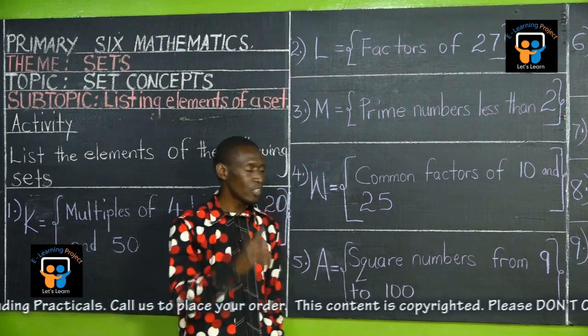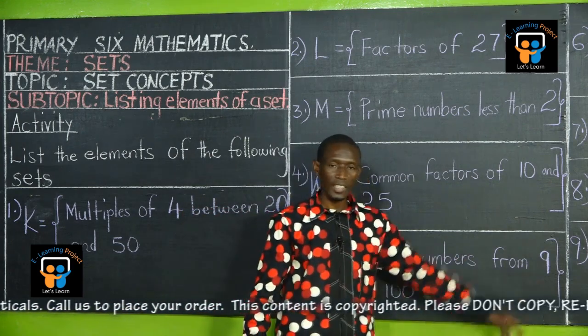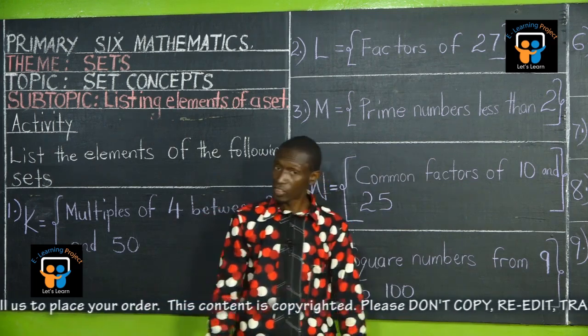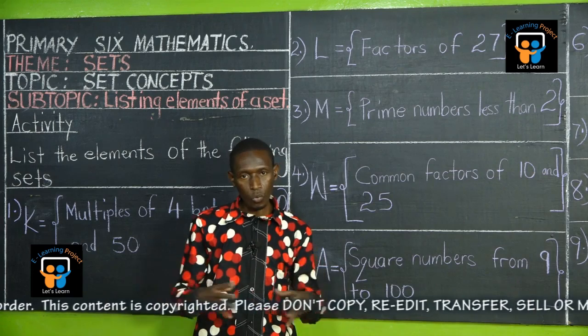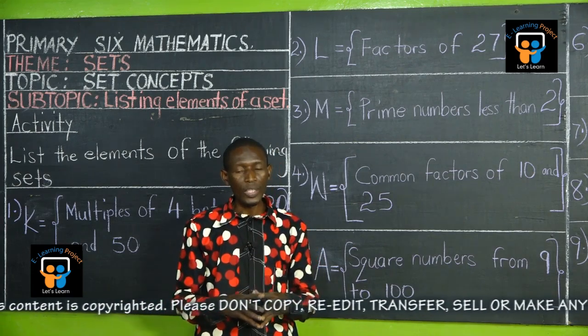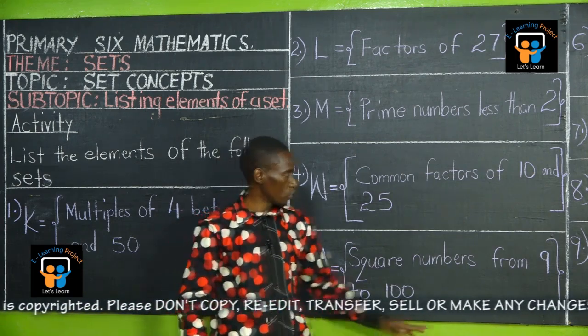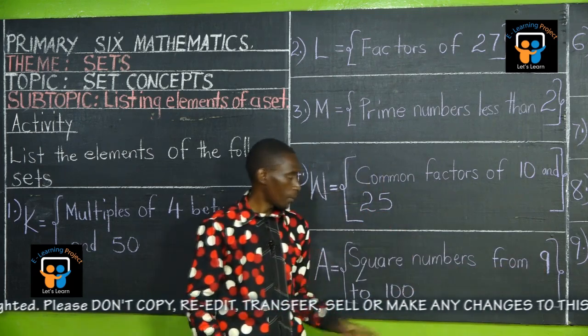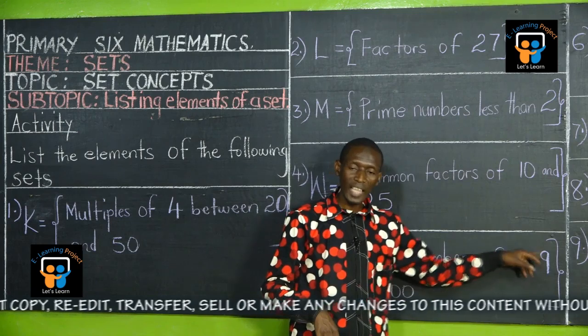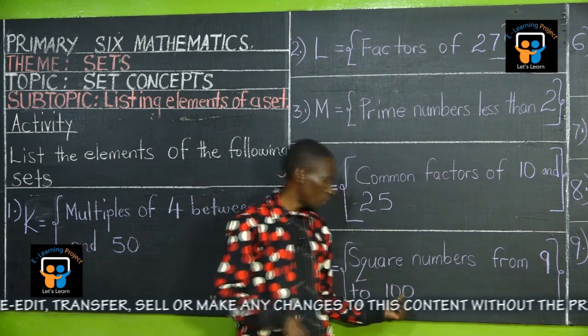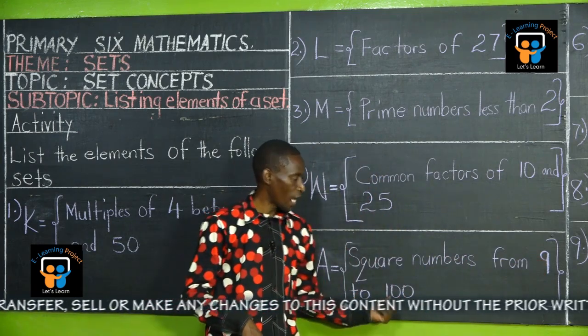This time around, you will include 9, which is a square number, and 100 is also a square number. Then include other numbers. When we say between, we do not include these ends, but now we are not saying between, we are saying from. You start with this and you end with the other one, up to 100.